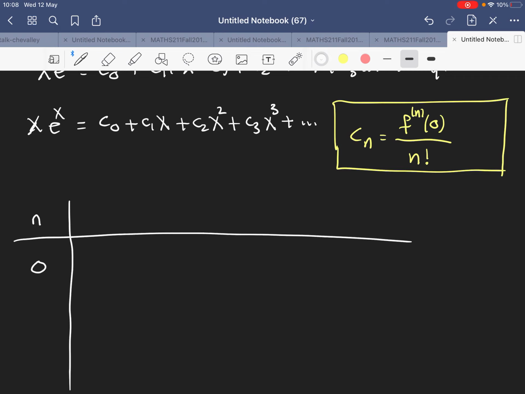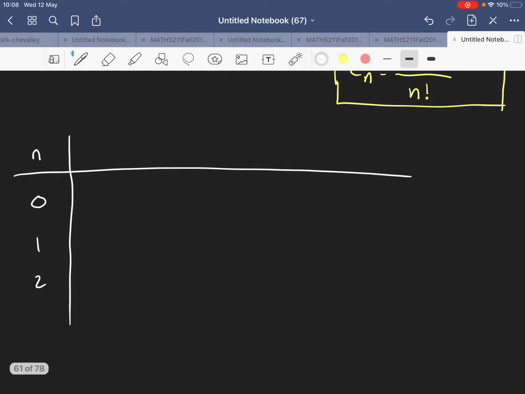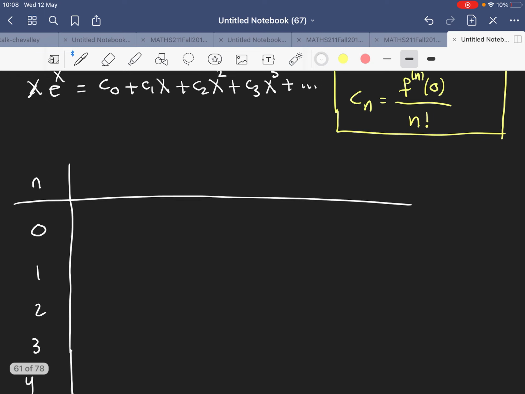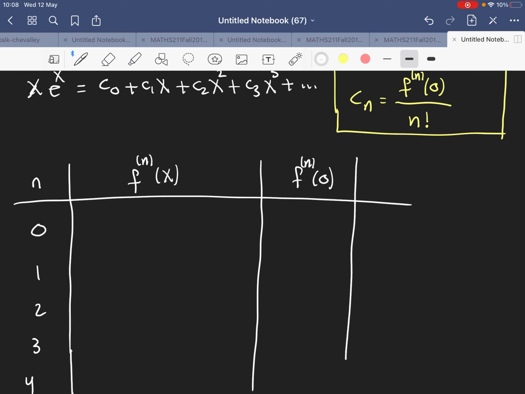I'll start with 0, 1, 2, let's do 3, maybe 4 as well. In the first column, I will have the derivative, and then I will substitute the derivative at 0, and then I will find c_n, which is just this number here over n factorial. I will get the c_n.